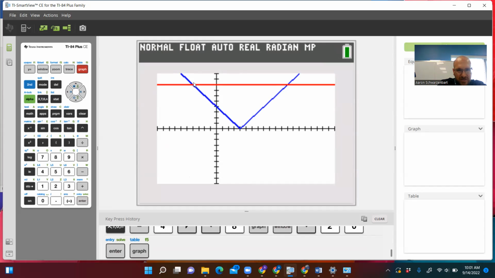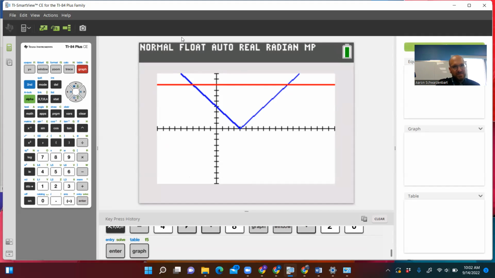Here, negative 4 and 12, my absolute value is less than 8 or below 8 between negative 4 and positive 12. Okay, so that's how we do absolute values.